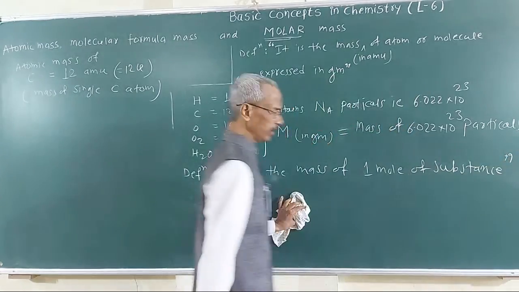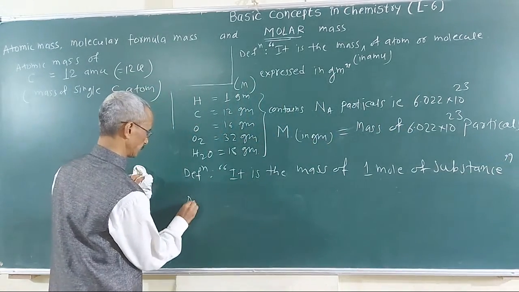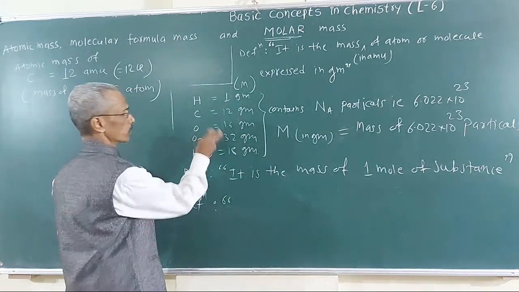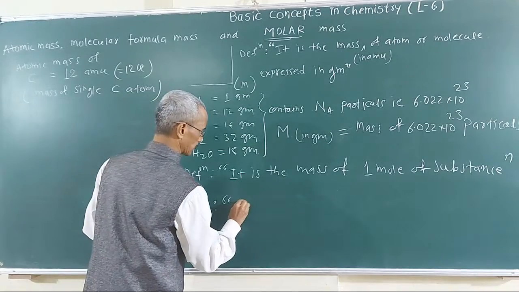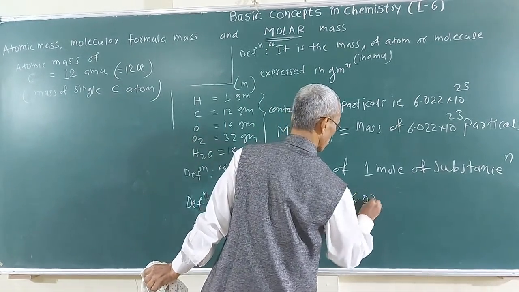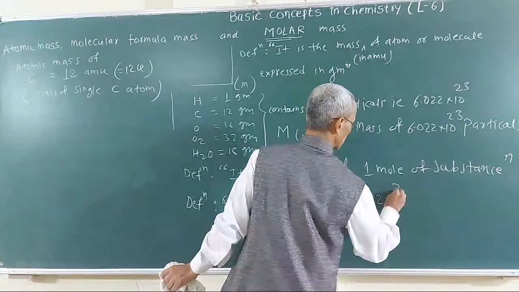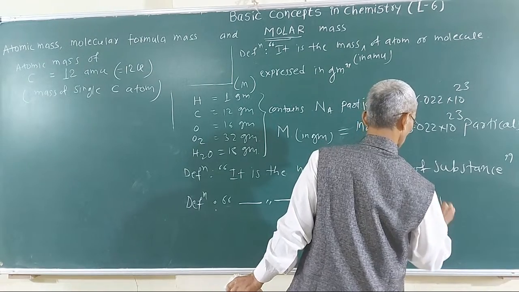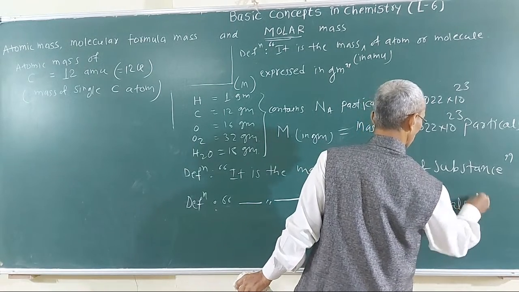And what is 1 mole? One more definition: it is the mass of 6.022 × 10^23 particles of substance.